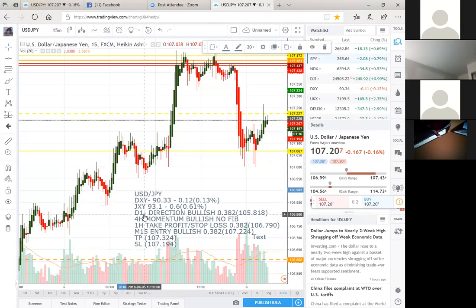Okay. Yeah. It's negative. And that one is positive. The yen is weaker than the dollar, correct?